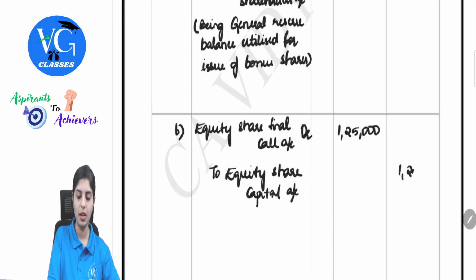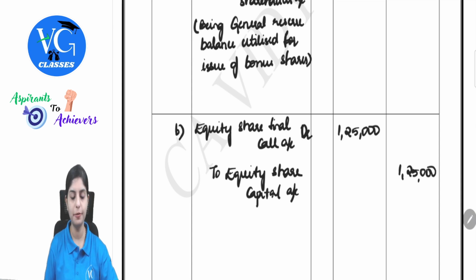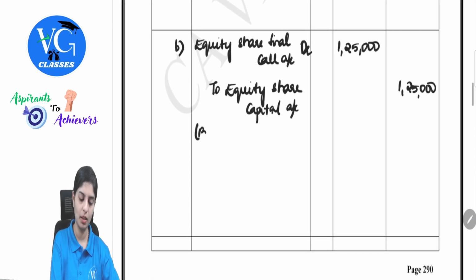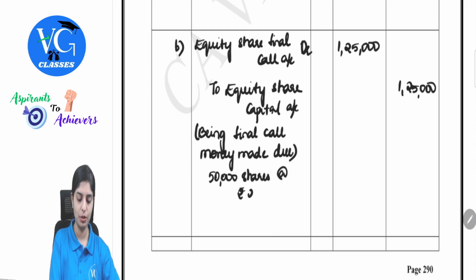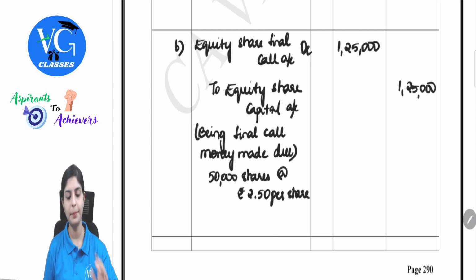How am I getting this? 50,000 shares into 2.50 per share, being final call money made due. That is 50,000 shares at rupees 2.50 per share. Is this clear? Next.